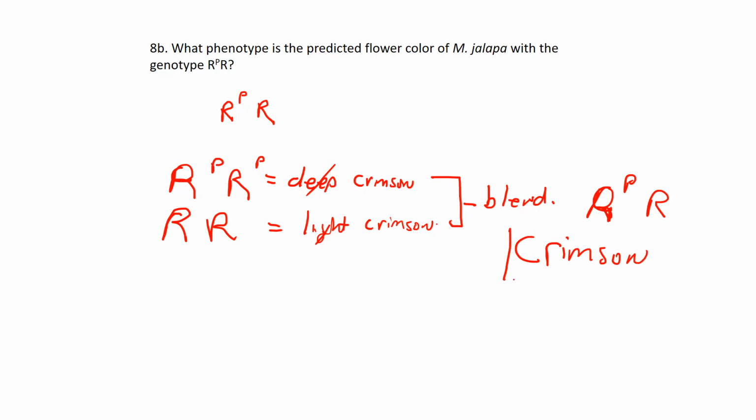That would be the predicted phenotype of this particular blend of genotype between those two. A little bit of a stretch. Hopefully you're not going to see any questions like this on your final or your unit exam, but if you do, this is the prediction that you can make based on that information.